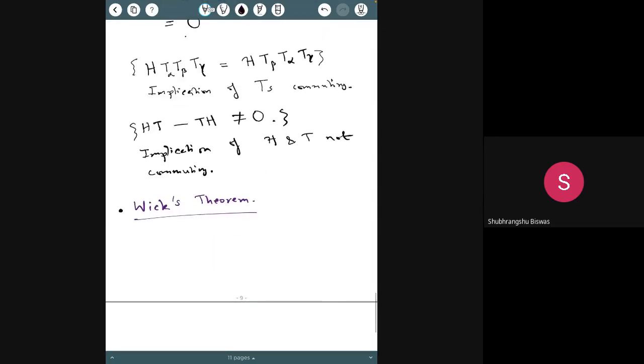Because I'm going to change my language a little bit and stop talking about the exponential ansatz for some time. Okay, so some more nomenclature.